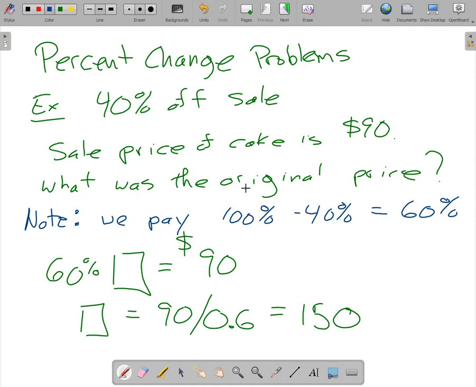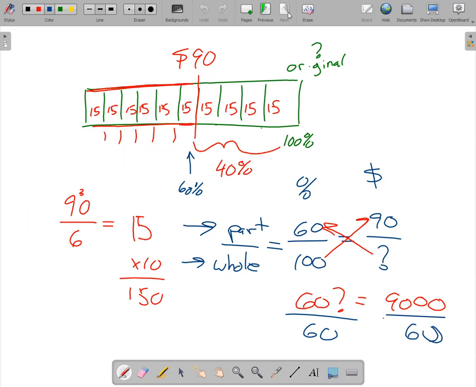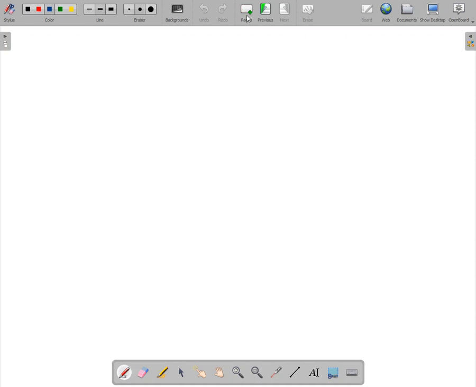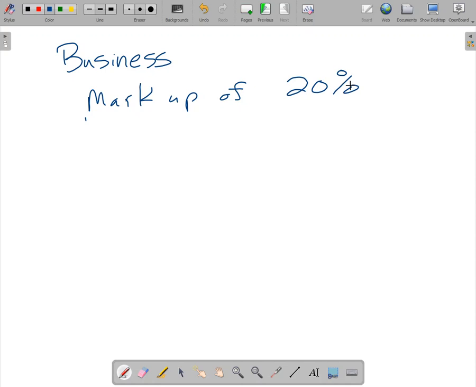All right, let's try another one of these. Let's go the other direction. Instead of markdown or sale, we're going to do a markup. So a business, for example, buys inventory. They mark up the price so they can make some money on it, and they sell at that markup price. So let's say we are in business, and we're going to have a markup of 20%.